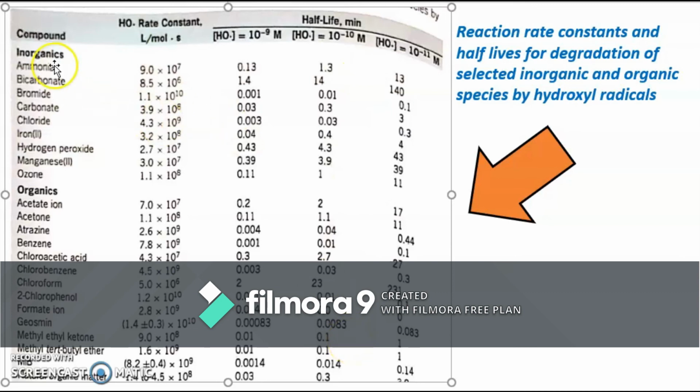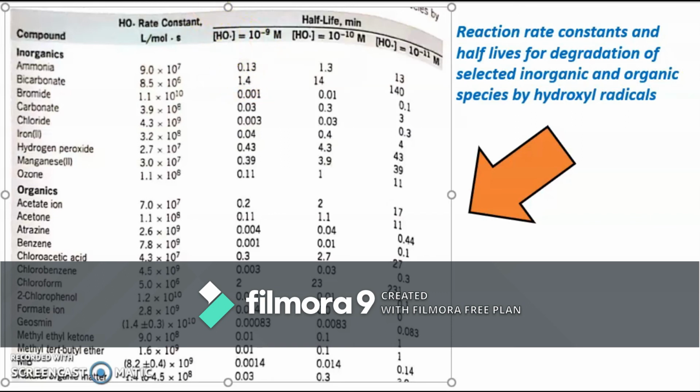So for example, if we consider degradation and destruction of ammonia by hydroxyl radicals, we have the rate constant 9 multiplied 10 to the 7. And you see when we have a higher concentration of hydroxyl radical, 10 to the minus 9 greater than 10 to the minus 11, the half-life is much shorter.